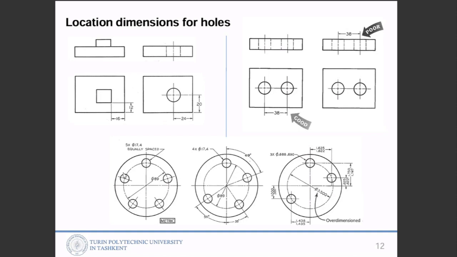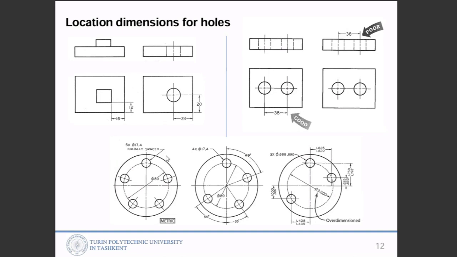But we have to spread these equally, so it should be 5 holes equally spaced. We can write 5x, which means we have the same 5 holes, and those 5 holes have the same diameter 17.4. Equally spaced means the spaces between them are equal, equal angles.